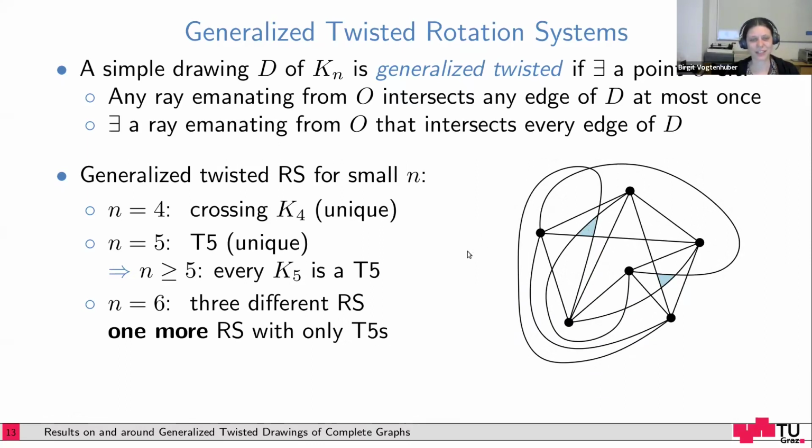I'll not have you check this, but these 2 blue marked cells are actually antipodal cells. So for every triangle in this drawing, this one cell is on the one side and the other cell is on the other side. However, these cells do not have vertices on their boundary. And if I make a different drawing that is weakly isomorphic to the one before, then in this different drawing, we don't find any such cell pair.